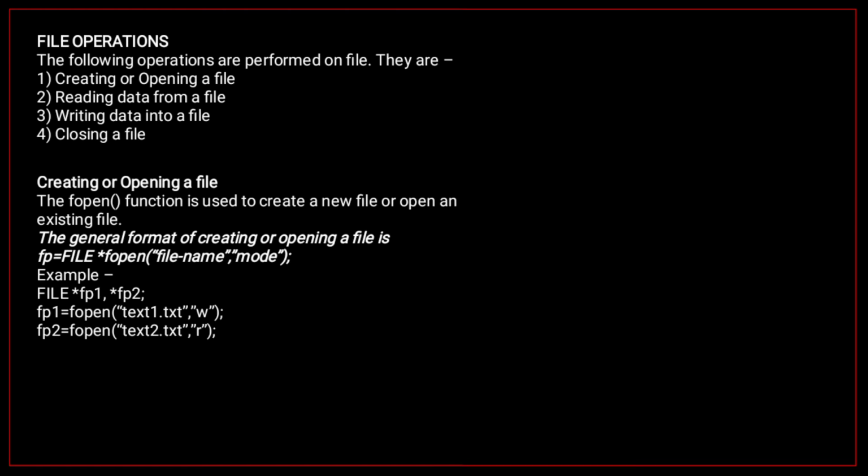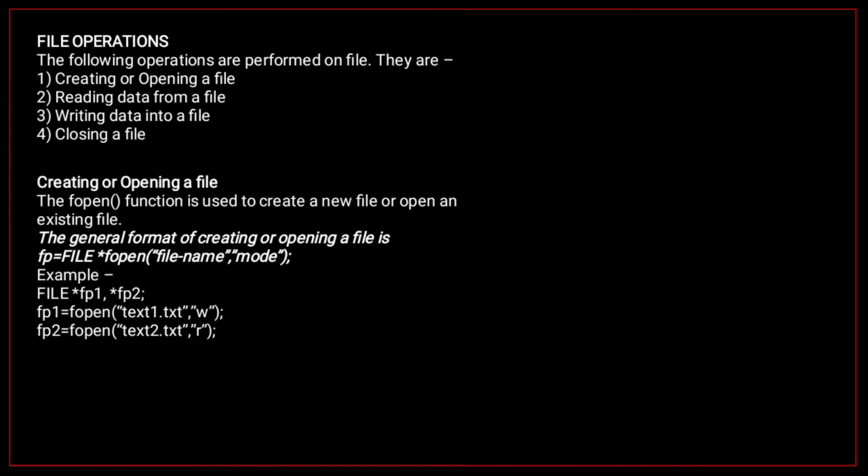Now in this format, fp is the file pointer which will hold the reference to the opened or created file. File name is the name of the file to be opened and mode specifies the purpose of opening the file. Now see the example.